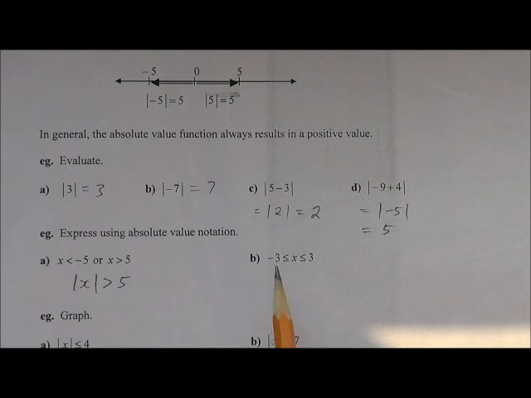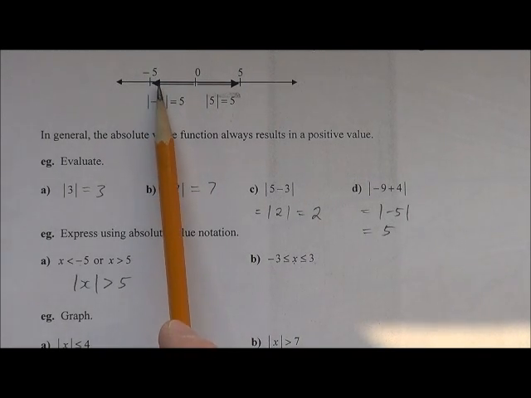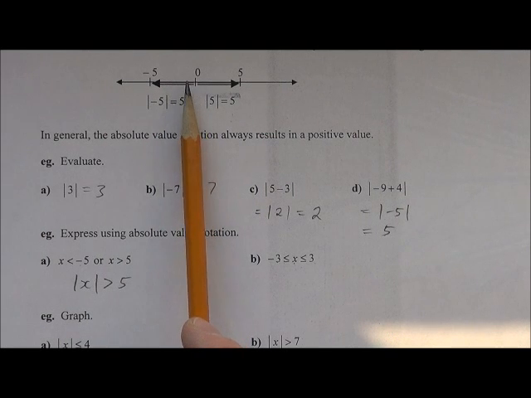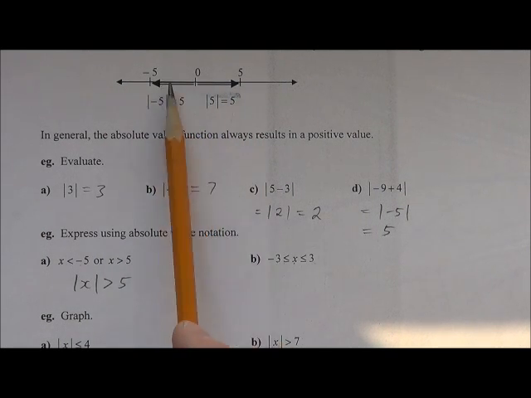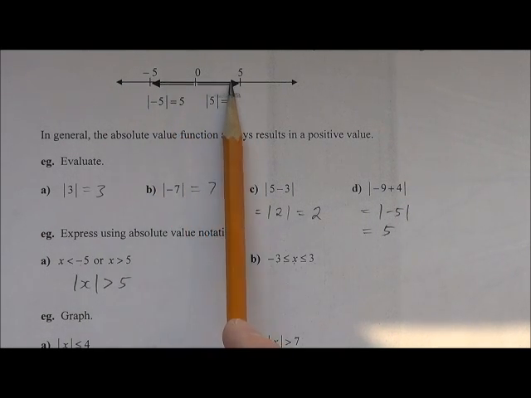When we have negative 3 is less than or equal to x less than or equal to positive 3, we see that the values of x are between negative 3 and 3. So if we take a look up here, if the values up here were between negative 5 and 5, there would be all these values inside here.